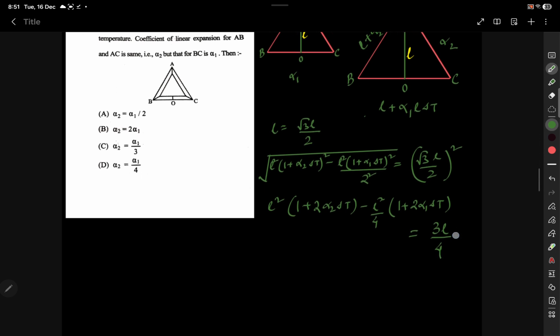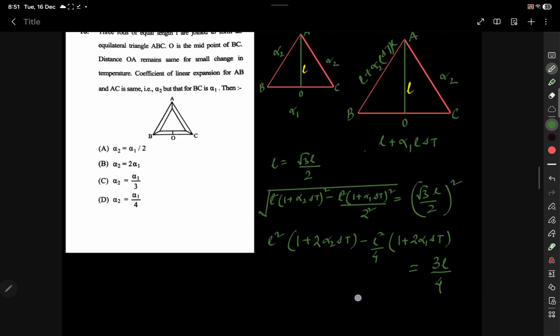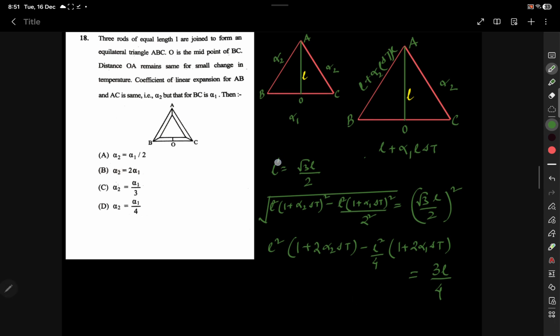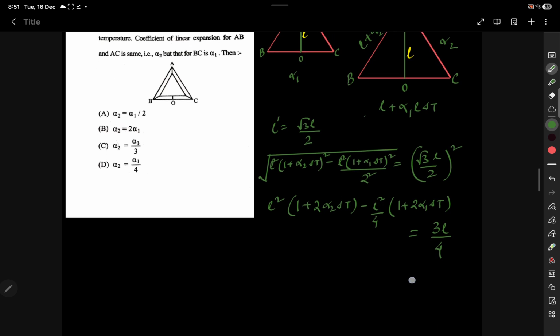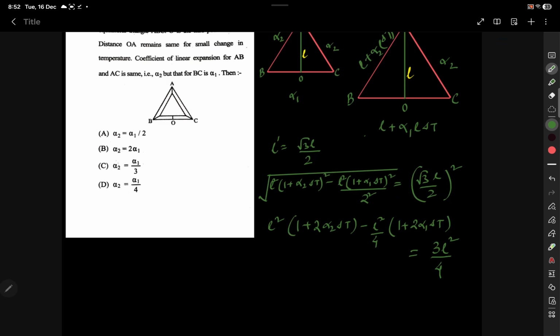Now you need to solve this one. So here L squared and minus L squared by 4 on the left hand side, right hand side is 3L squared by 4. So this will cancel out if you solve this one.